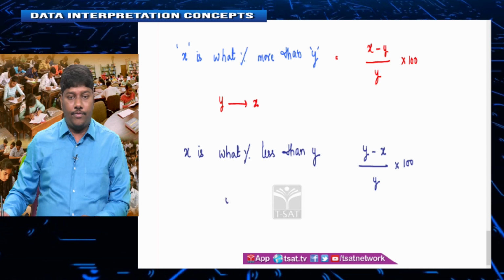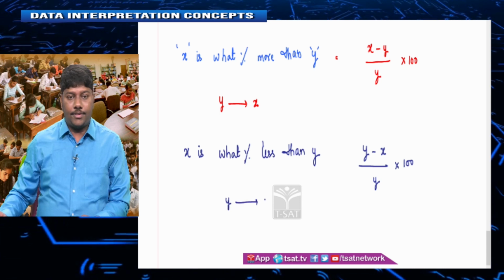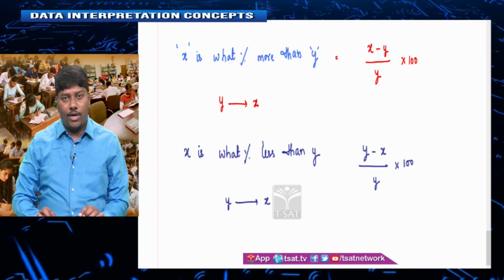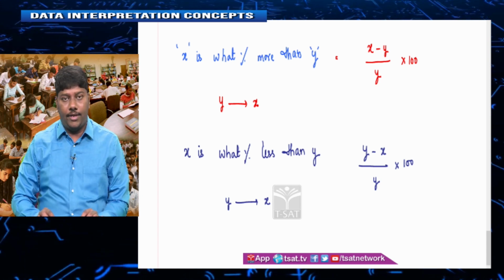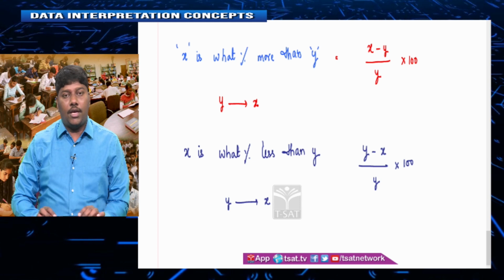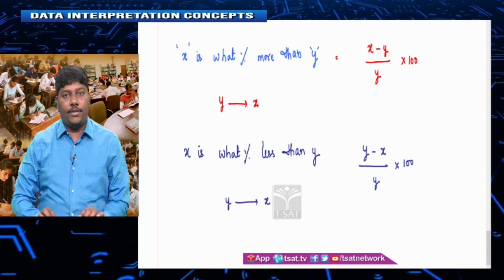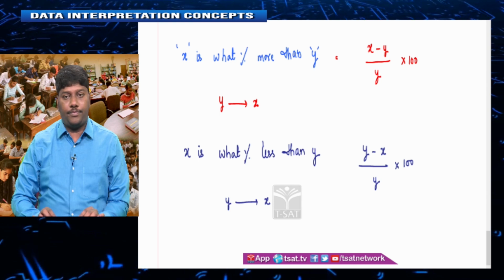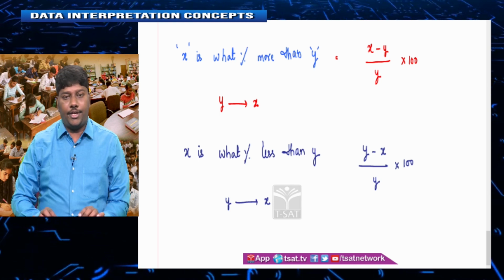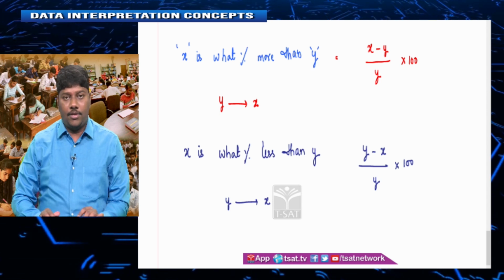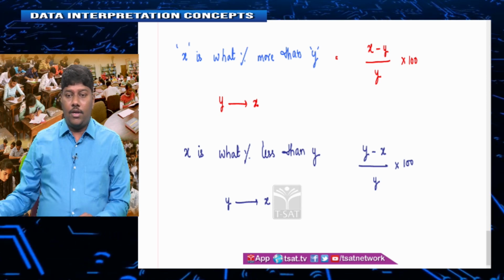Here less means Y is decreasing. What is percentage decrease? Value decrease by initial value. Here also the initial value is Y itself. Therefore, Y minus X by Y into 100. So percentage increase or percentage decrease, percentage more or percentage less, both of them are the same. This is how they will ask you.